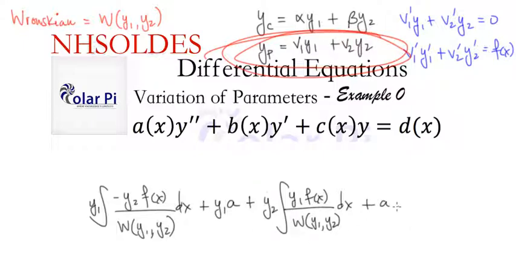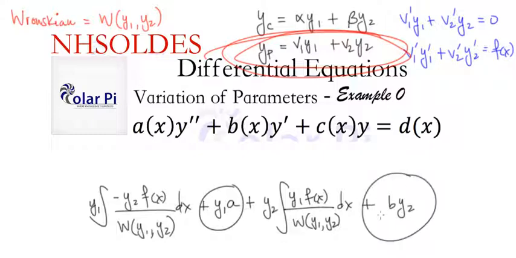But then that'd mean it's actually not a there. I would want b, a different constant, just to distinguish. So we'd have b, and then we'd have b y2. But notice that y1 times a and then y2 times b are already included in our complementary solution in alpha times y1 plus beta times y2.